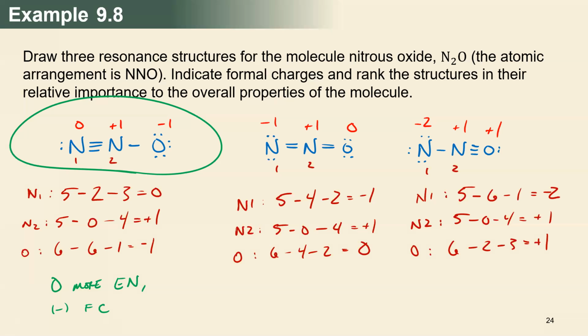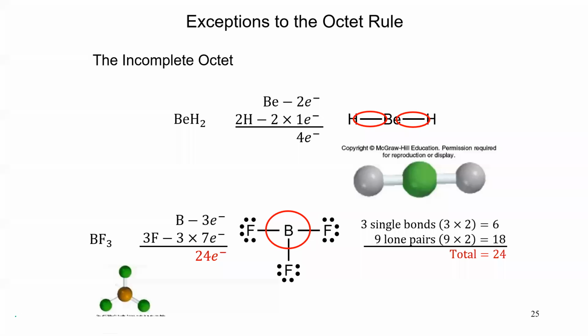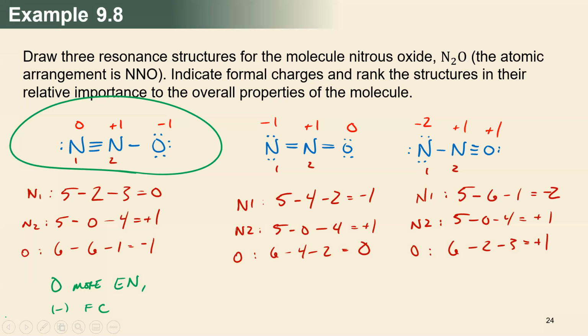All right, we're going to stop there for today. We'll talk about these exceptions to the octet rule on Wednesday. Like I said, we'll have a little bit of lecture Wednesday, but we'll do that exceptions to the octet rule and do some examples with those. And then Thursday, we will draw bunches and bunches of Lewis structures so that we get practice with this.